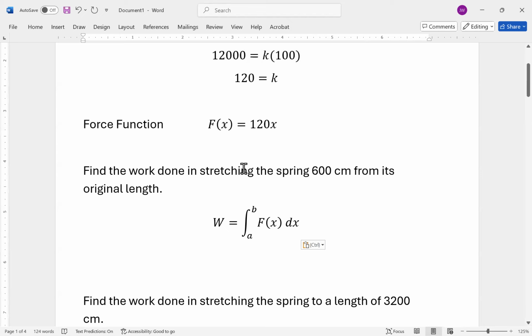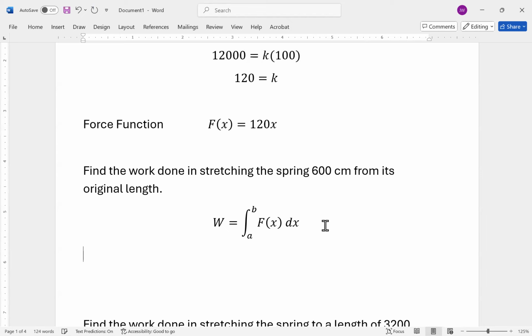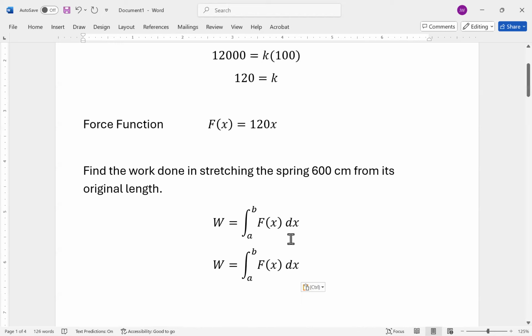So stretching the spring 600 centimeters from its original length. Again, x is the amount of stretch. So we're going to start at the original length, that is 0 stretch, and then 600 centimeters worth of stretch will be my final bound, which is the b.